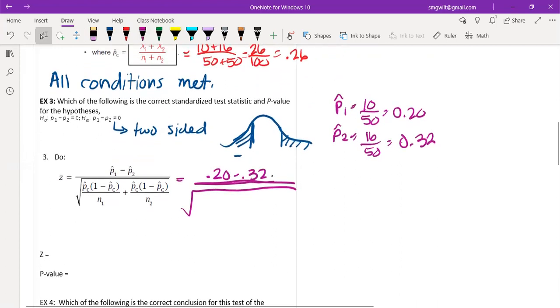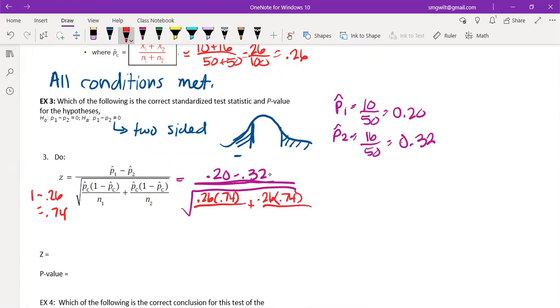So when I plug in here, I'm doing 0.26, and then 1 minus 0.26 is 0.74. So 0.26 times 0.74 is both of these numerators. And remember that our sample sizes are both 50, so these are actually going to be the same value.